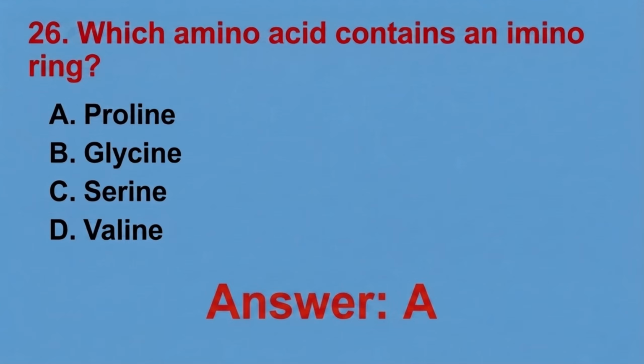Option C is also wrong because serine contains a hydroxyl group that participates in enzyme activity and phosphorylation, but it does not have a ring structure. Then valine is a branched chain amino acid with a non-polar side chain and lacks an imino ring.